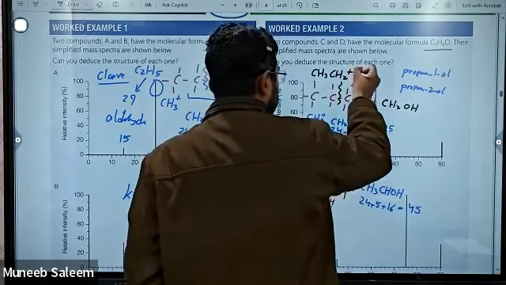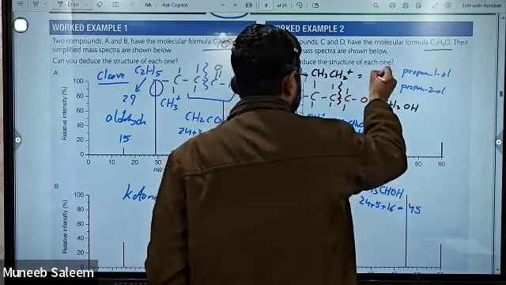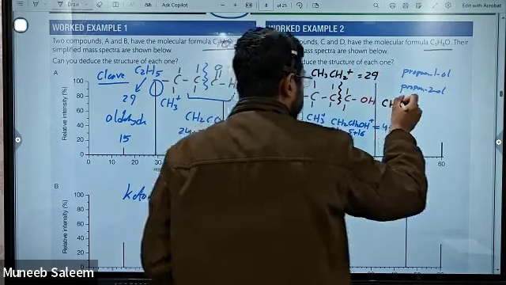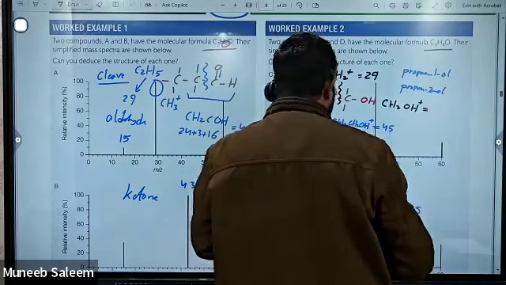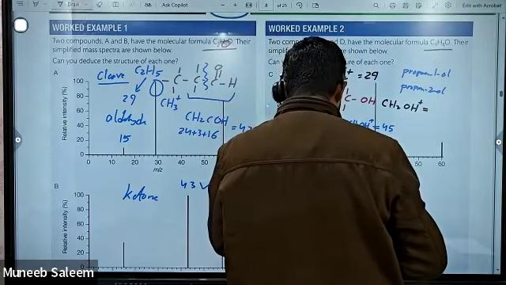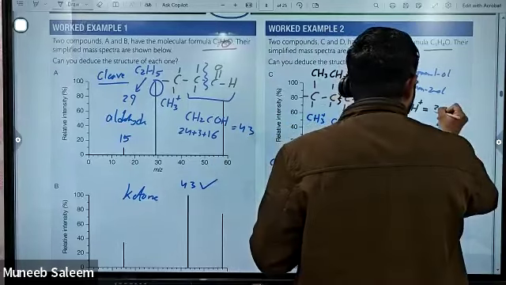Now the m/z value of this ethyl cation is equal to 29, and the cation of this fragment will give me a value of 31.